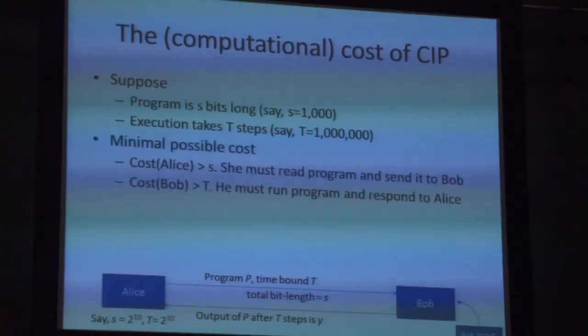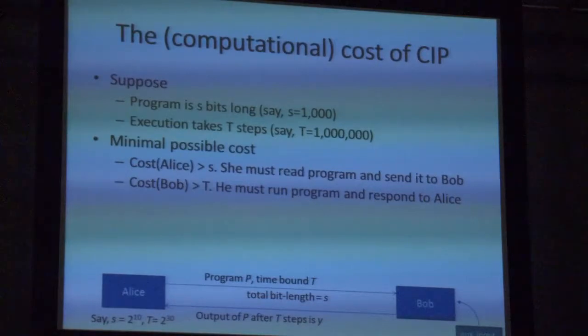Okay, so the minimal possible costs on both sides. Alice must at least send the program to Bob, and that's going to be at least 1,000 bits worth of work. And Bob must at least execute it, because otherwise we'd be contradicting the undecidability of the halting problem. So Bob must run for time at least T, and then he responds to Alice.